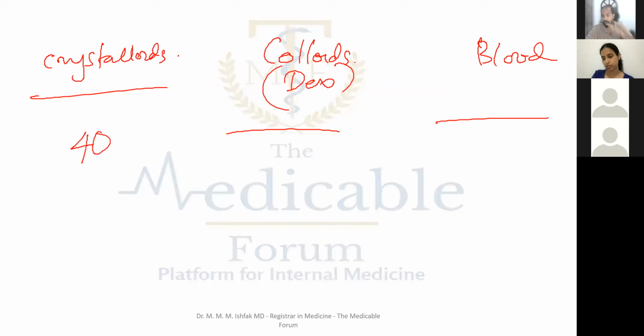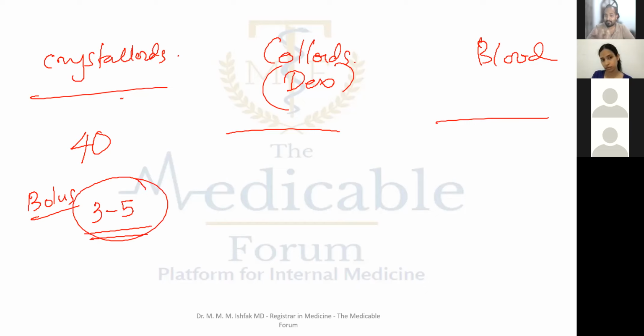Now the patient is in shock and you're giving a bolus of crystalloid. Remember this nicely: a bolus of crystalloid will drop the PCV by around 3 to 5. This is the normal drop that we expect.